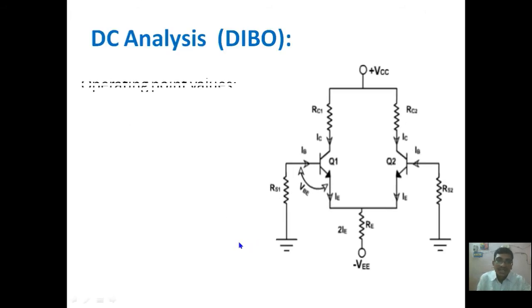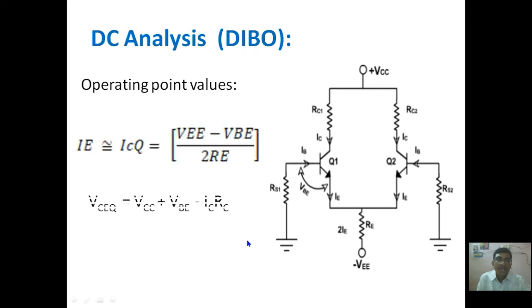So in the DC analysis, the operating point values are ICQ approximately equal to IE, which is VEE minus VBE by 2RE, and VCEQ is equal to VCC plus VBE minus ICRC.